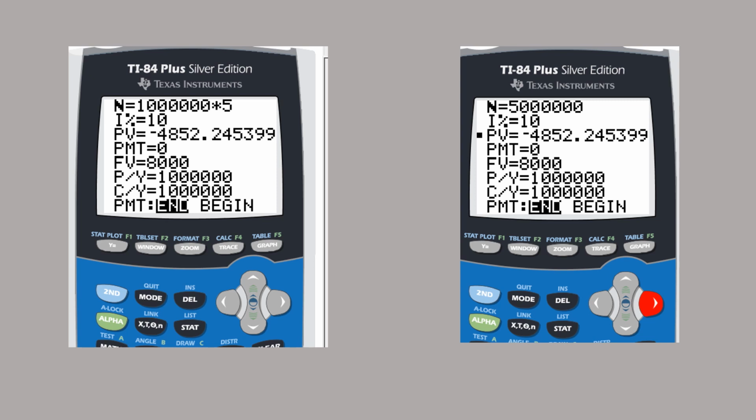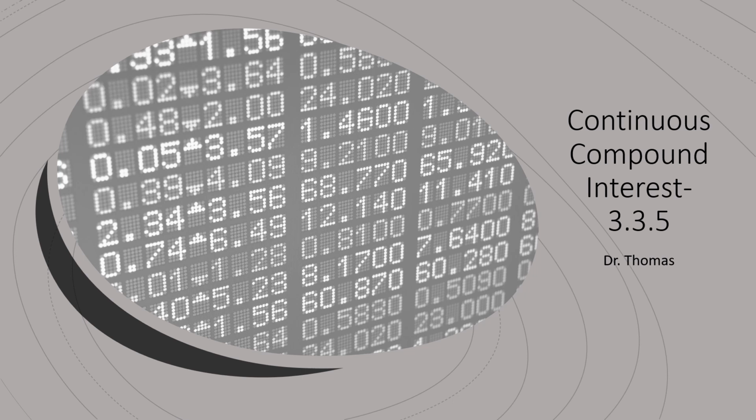The future value has to be 8,000. We are trying to find the principal value. So when I press this and get the result, I get the present value to be 4,852.